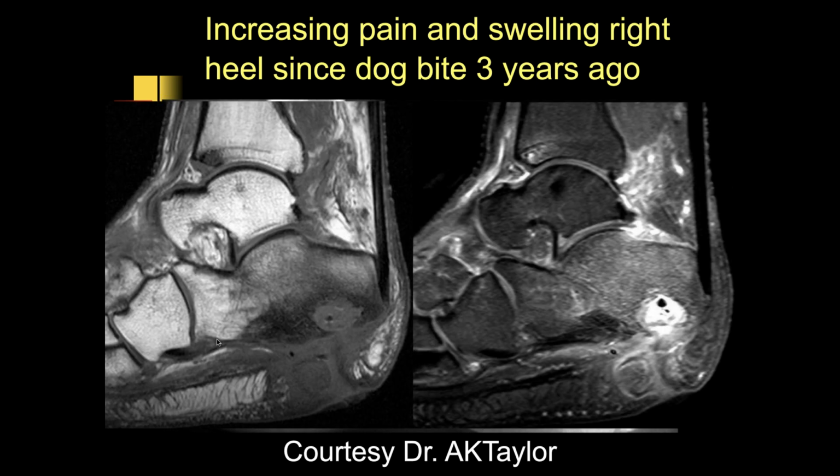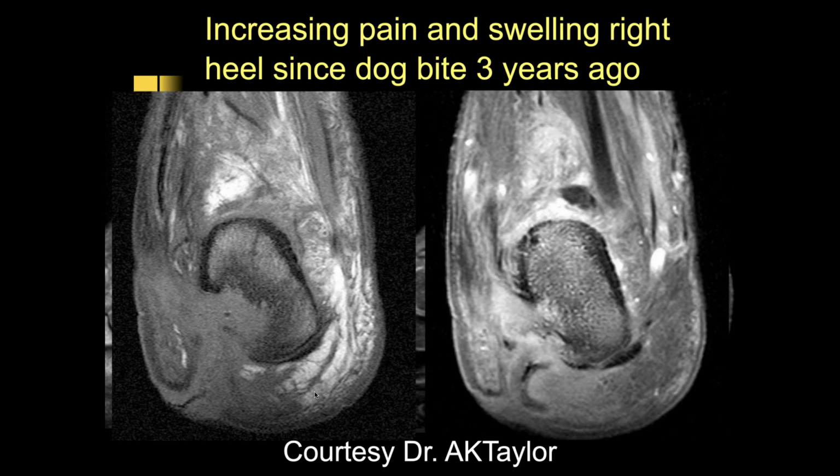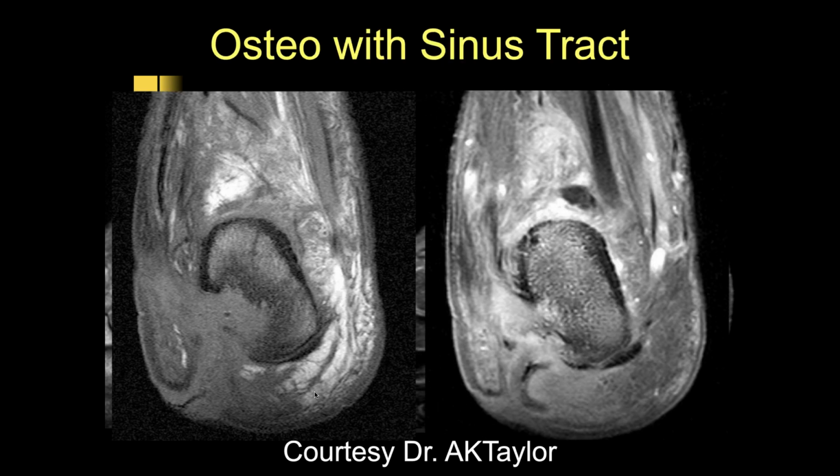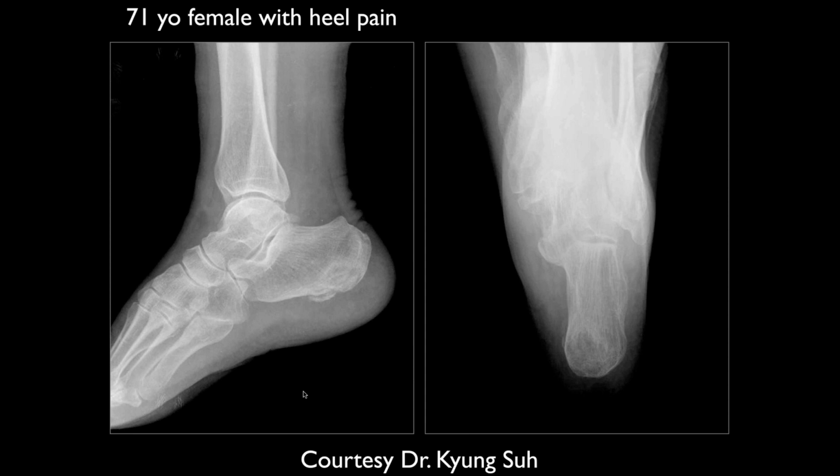I think this is suspicious for osteomyelitis. Here we can see that tract of abnormal signal extending to the calcaneus and fluid within the calcaneus with debris, compatible with an abscess. Probably gas in it as well. But it's an open sinus tract, so the gas probably came from the outside. So this was a typical sinus.